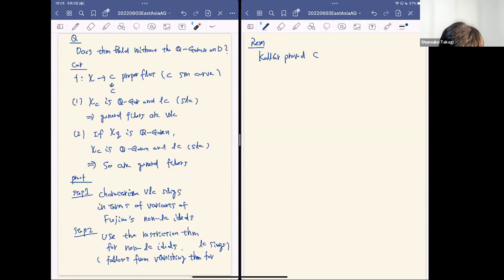Kollár proved Corollary 2 in his unpublished book, but the proof is quite different.